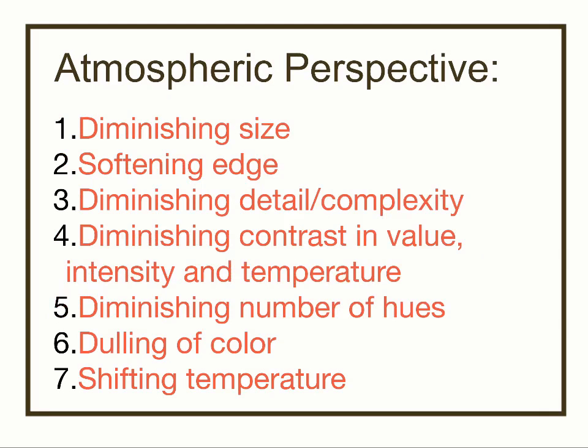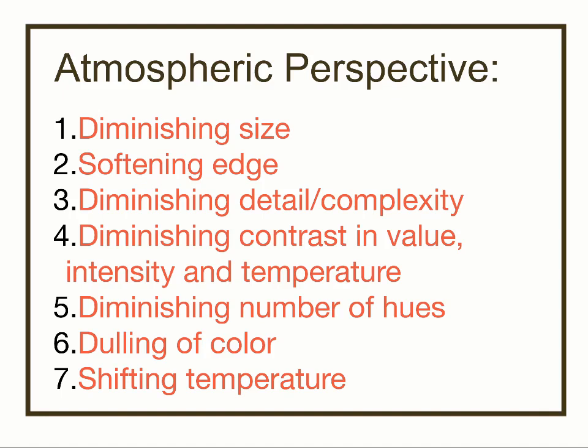So to put all of those together in a list, there's 7 effects that you can use in rendering atmospheric perspective to achieve a realistic feeling of space using optical color. You're going to have diminishing size of objects as you go back into space. Edges are going to soften. There's going to be diminishing detail or complexity.